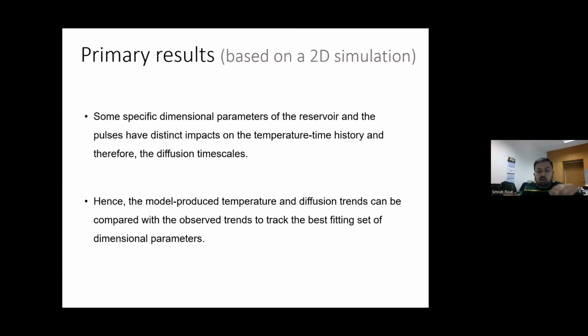Hence, it would be possible for the model-produced temperature and diffusion trends to be compared with what we observe in the samples to get the best fitting set of the dimensional parameters.